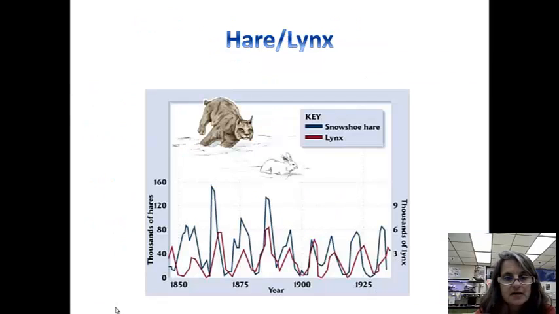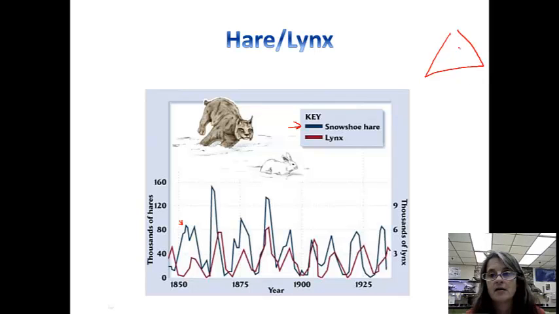Basically what we see is that in predator-prey relationships, they run together. The prey, as indicated by the blue line here, always has more, relatively speaking, organisms in the population than the predator, because as we know from our trophic levels, you have to have more prey items to feed the predators because we're losing energy as we go up the food chain.